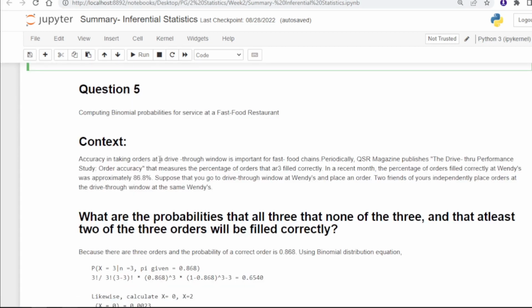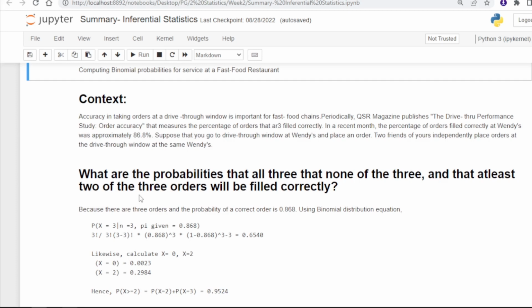The next question is asking to compute binomial probability for service at a fast food restaurant. The context is that accuracy in taking orders at a drive-through window is important for fast food chains. Periodically QSR magazine publishes a drive-through performance study. Order accuracy measures the percentage of orders that are filled correctly.